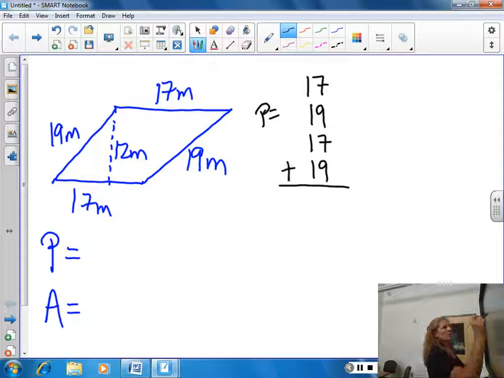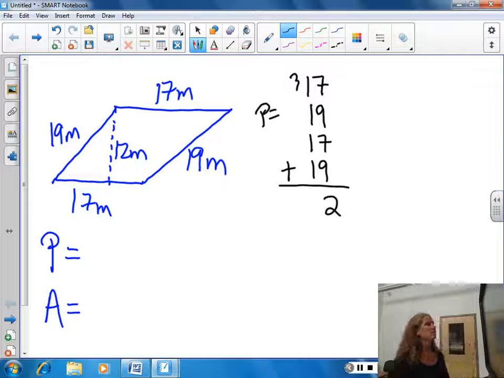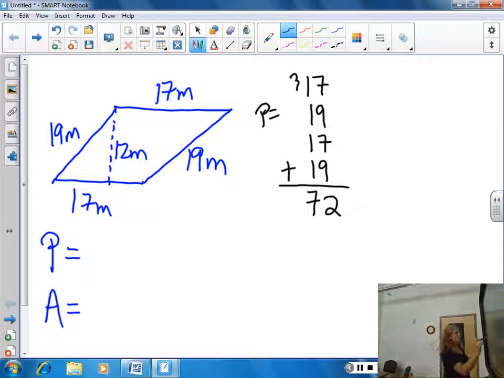You don't have to be able to do all that in your head. Make use of your fingers and make marks off to the side, whatever. 3, 4, 5, 6, 7. I have 72 for my perimeter. 72 is not my answer until I do what? Until I put the unit on it, which the unit here was meters.